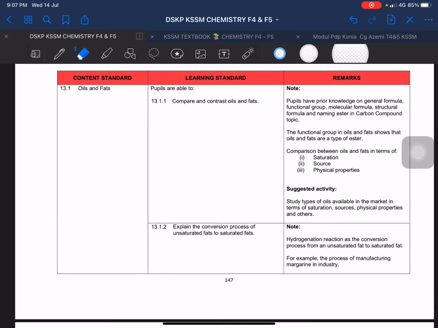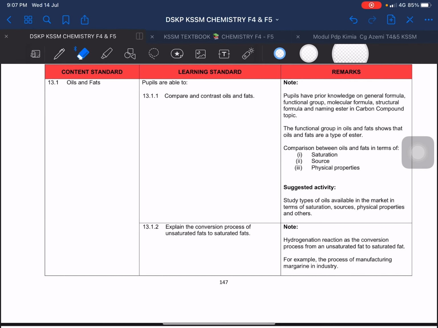13.1.2, you will be able to explain the conversion process, proses pertukaran of unsaturated fats and saturated fats. I believe all of you by now have understood what is the meaning of unsaturated. If you see unsaturated, you're supposed to understand that itu sebenarnya menandakan ada double bond between carbon atoms.